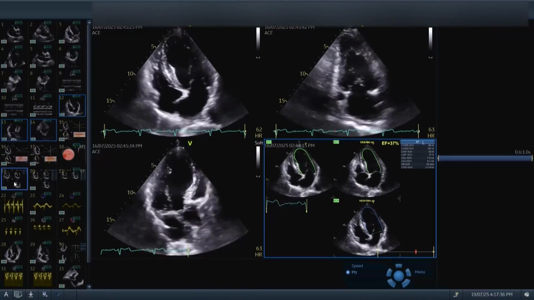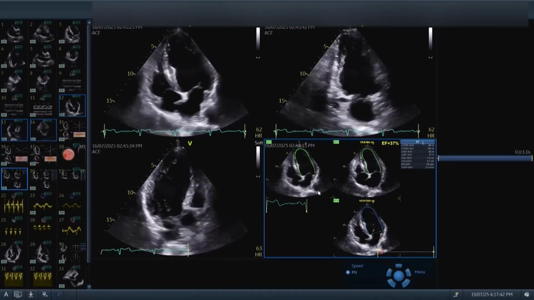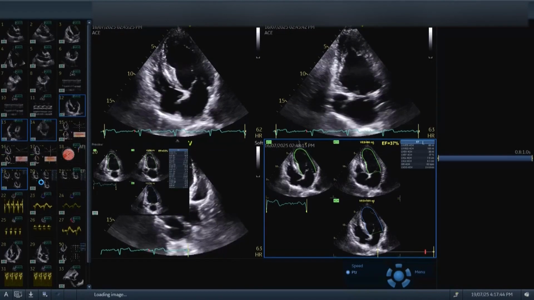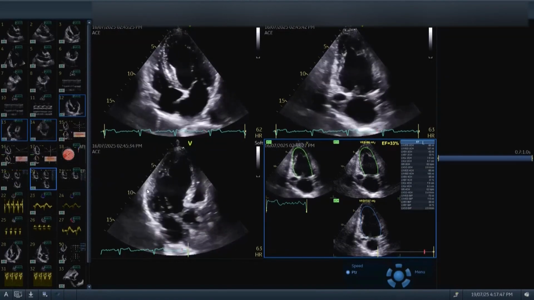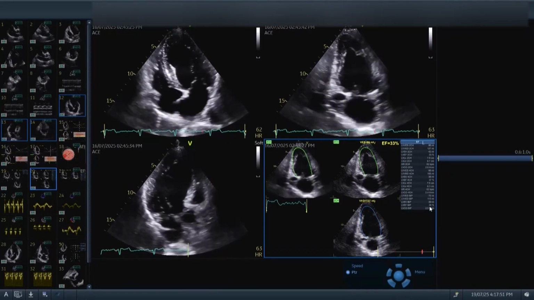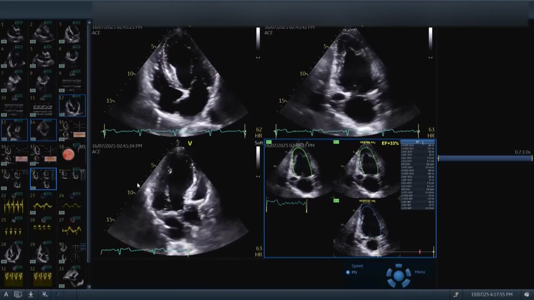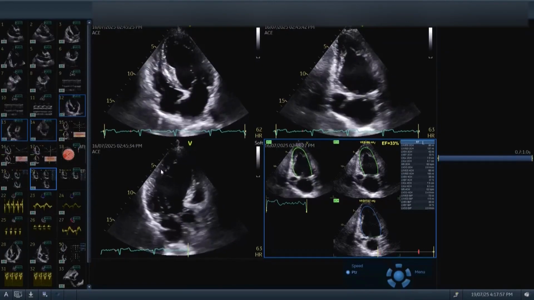And then I did assess the LV function from the apical four chamber view and also from the apical two chamber view, where you can see by this biplane method the ejection fraction has come to be around 34%. So this patient also has systolic dysfunction but has regional wall motion abnormality.